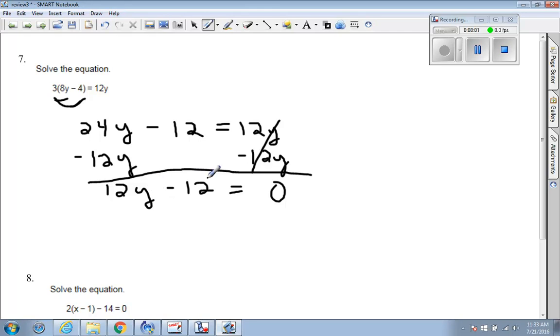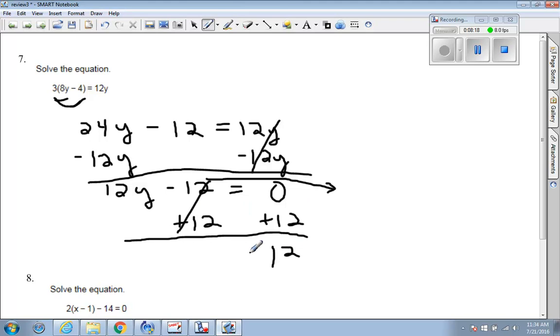And then numbers on the right. So like I said, I'd like to take negative 12 and just move it across the equal sign. But I have to do the add up property of equality. So I'm adding the opposite to both sides of the equation, balancing the equation. 0 plus 12 makes 12. And here I have 12y. I'll just drop that down.